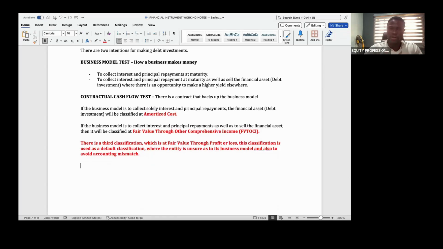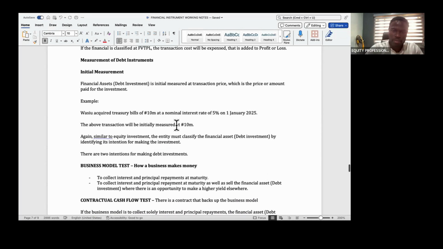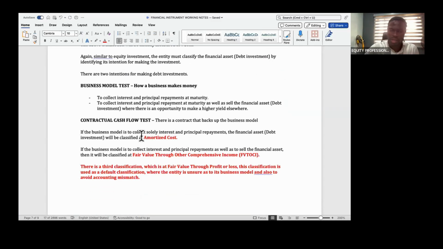So for this example I gave you, we're not told whether he wants to sell or not. So you would majorly use amortized cost in the exam. Don't assume fair value through OCI or through P&L.